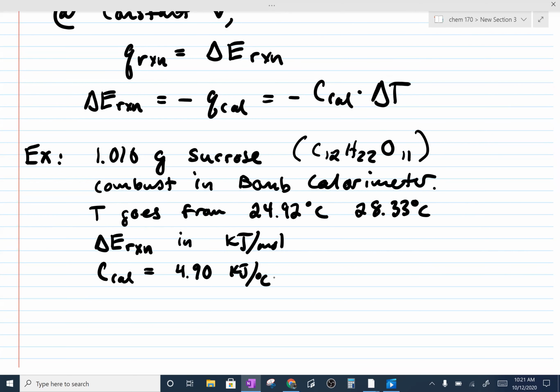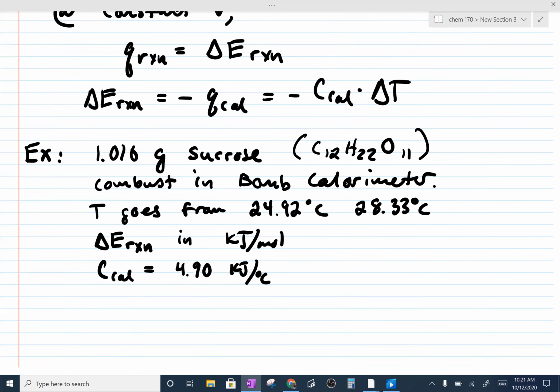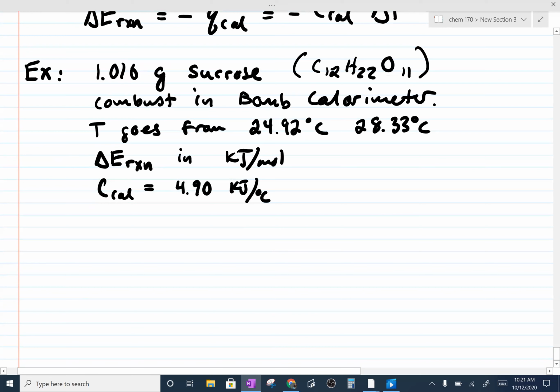We're given all the information that we need here. Essentially, we need to go back to delta E is equal to the negative C cal times the change in temperature. So we need the delta T. We're given the heat capacity of the calorimeter itself, so all we need is the change in temperature.